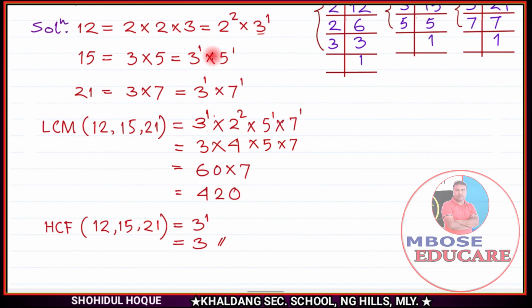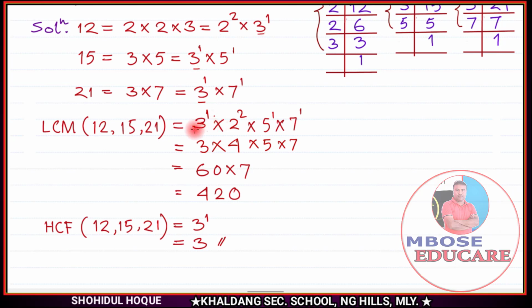And remember one thing: out of the common prime factors, the one having the highest power is the one we write. But here all the common factors have the same power, that is 1. So 3 to the power 1 is common in all.